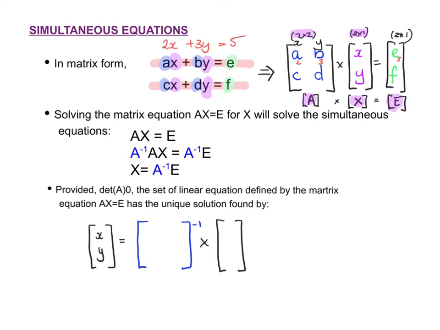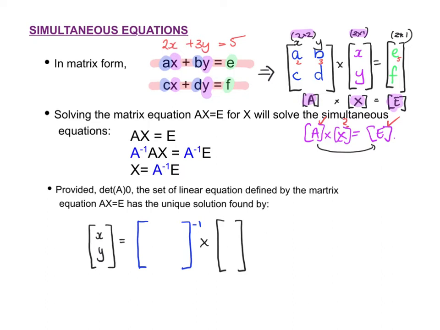So looking at what we've got, we have matrix A times matrix X equals E. Now, matrix A will be filled with numbers, and so will matrix E. So really we know what that one is, we know what that one is, but we don't know what matrix X is. If I was solving it like we would normally do in maths, remember how I said you'd bring the A over the equal sign, and because it's multiplying on this side, it's going to divide on the other. But we don't divide in matrices.